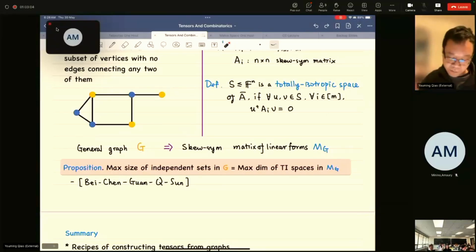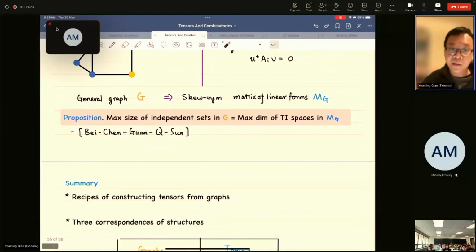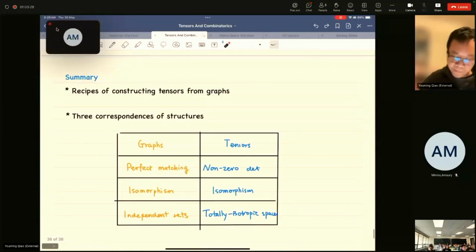And the proposition is that the max size of independent sets in G is equal to the max dimension of totally isotropic spaces in MG. So you also have such a connection in terms of the max size or max dimension. Okay. So I'll share the slides later so you can see the definitions of these two notions.